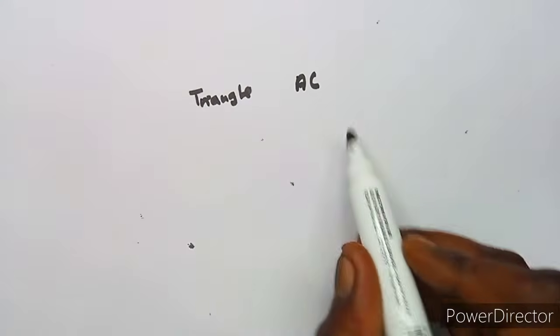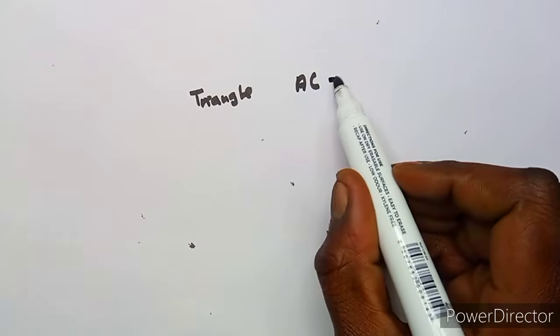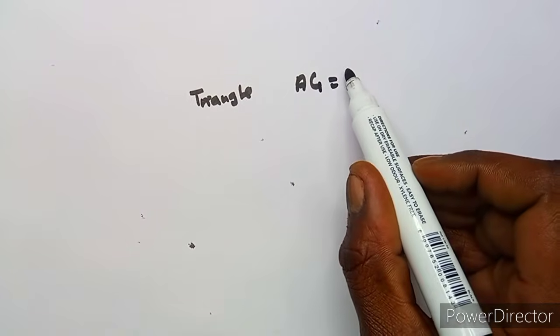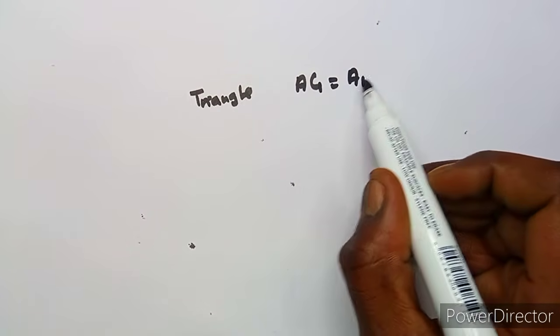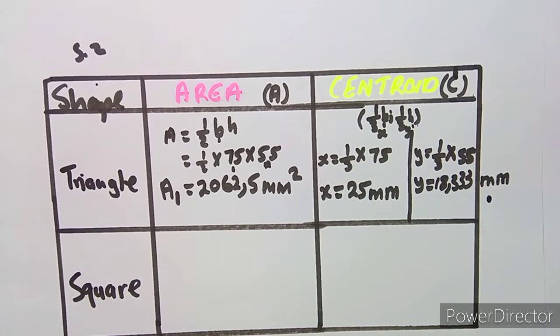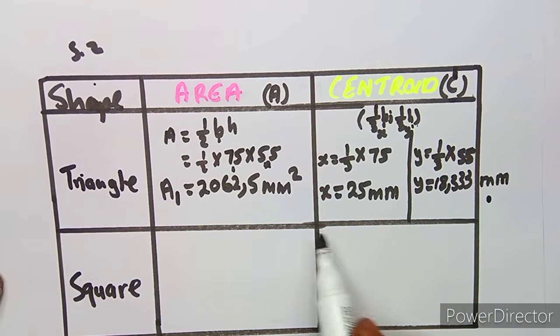So the one for x is going to be area times c1, which in this case is our x1, which is 25. So you're going to multiply the two, because here we are given the distances between the two, so you simply need to multiply these two for x.